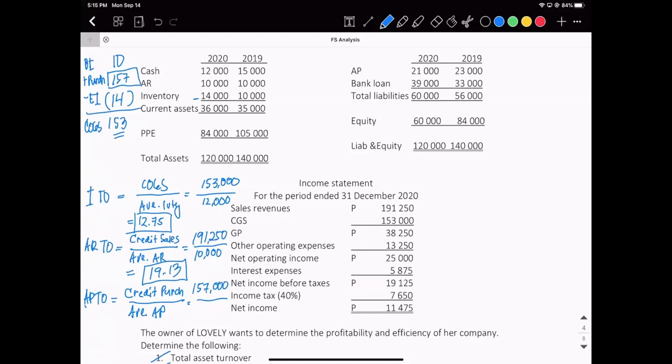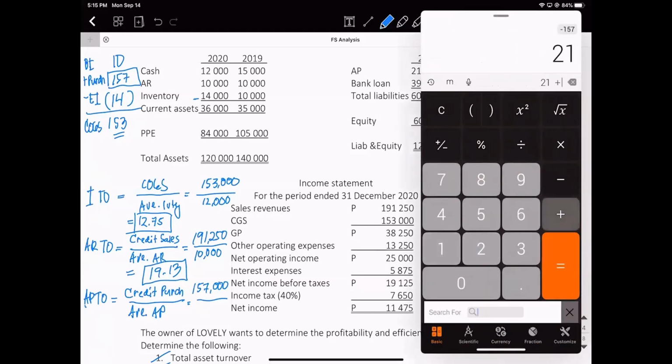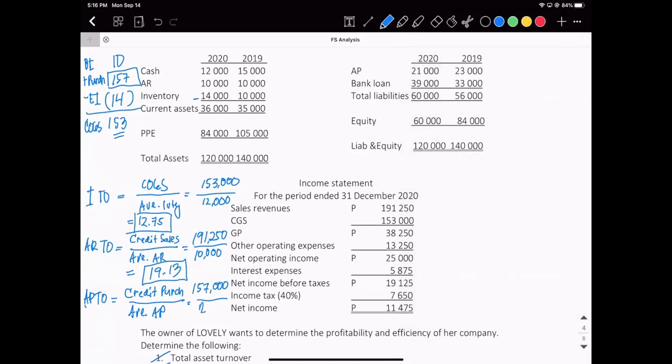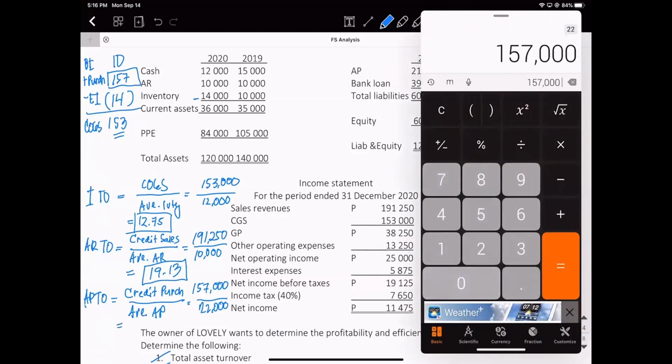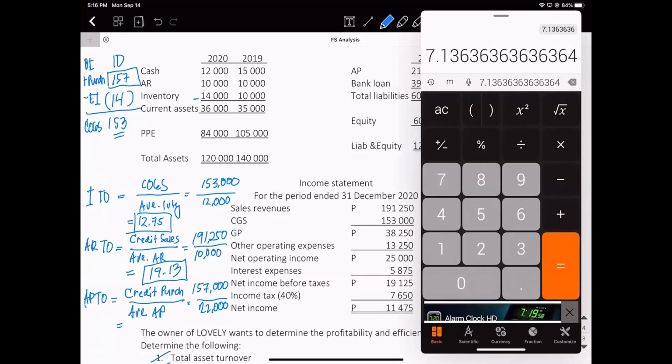Now, for average accounts payable, so that's 21,000 plus 23,000 divided by 2, that will give us 22,000. So your accounts payable turnover is equal to 7.14x.